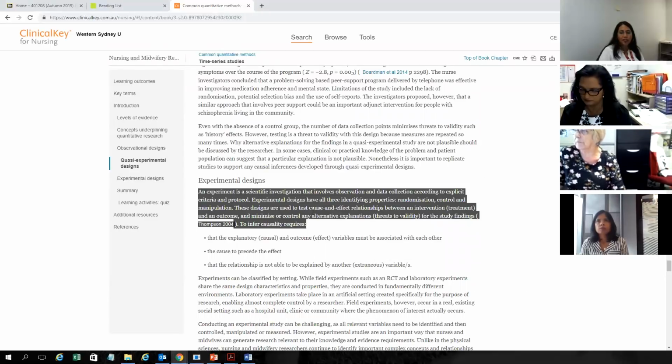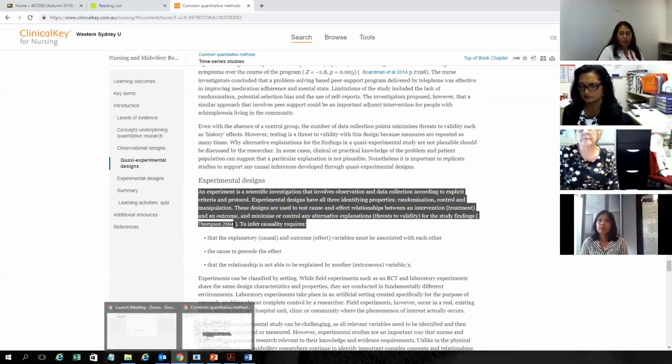So experimental designs have a randomized controlled trial. So this particular study, an experimental design was used because there's evidence of there being a randomized controlled trial. Participants were randomized into two different groups, into the control group and the intervention group.